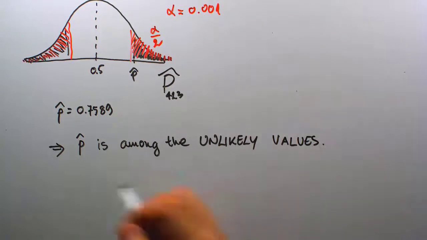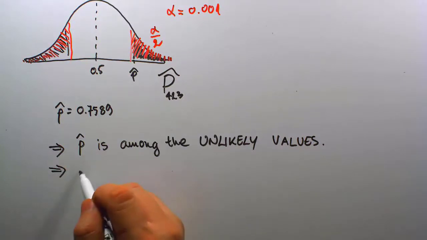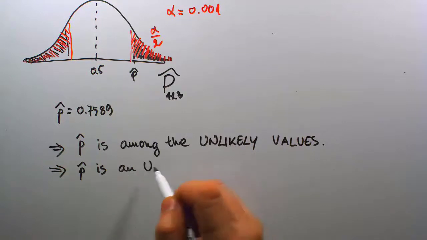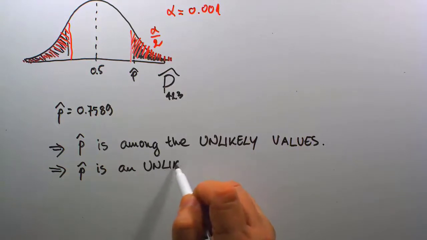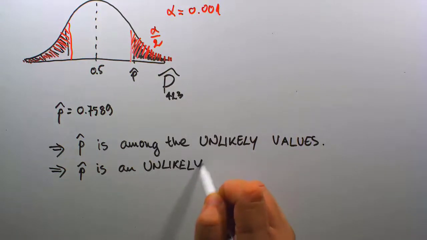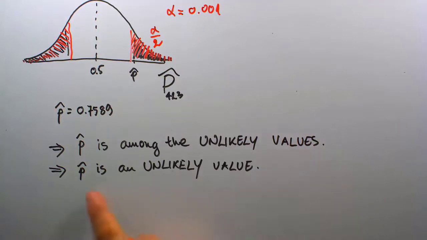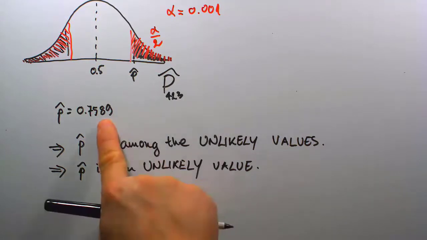And that leads to further saying that p hat is an unlikely value, meaning it's not easy to have a p hat happening at this value right here.